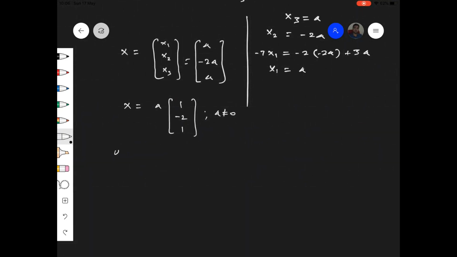Let's do the same thing for the other eigenvalue, which is repeated, alpha equals -3. So let's put this into the eigen equation: A plus 3I times x equals 0.